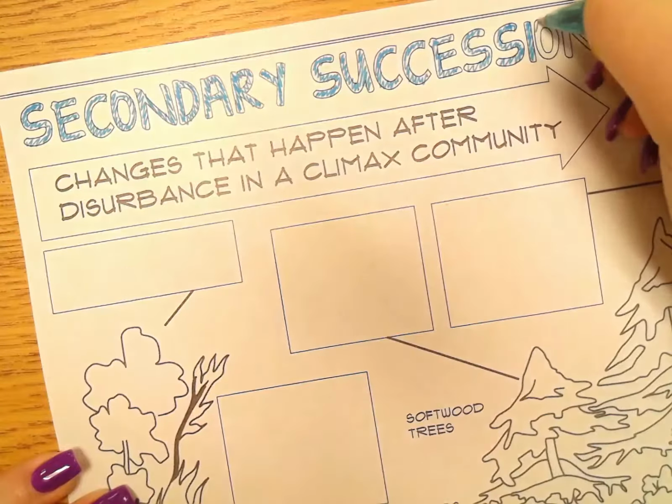All right. Now we're going to switch to yellow for that next step. And we are skipping that moss and lichen step, right? We're going straight to grasses and flowers. So what are going to be our pioneer species for secondary succession? Grasses and flowers, right? These are able to move in because there is soil present.